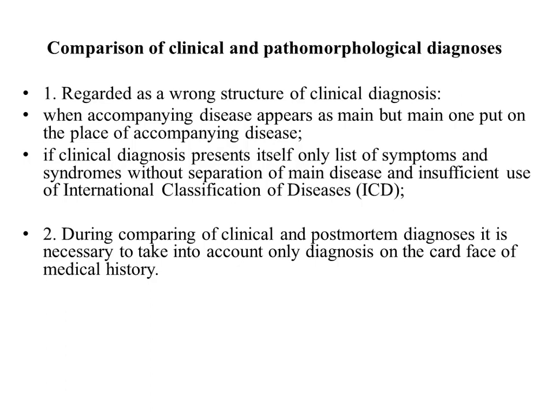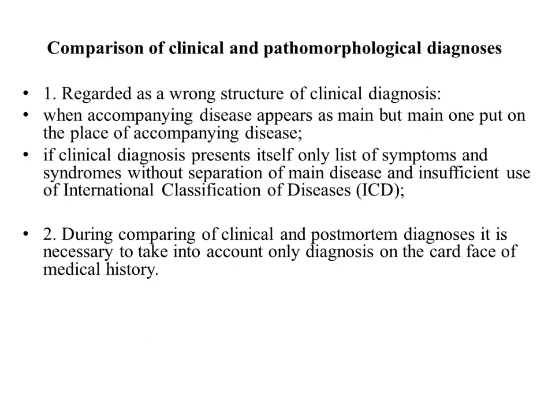First, a wrong structure of the clinical diagnosis is regarded when an accompanying disease appears as the main one, put in place of the main disease. Also, if the clinical diagnosis presents itself only as a list of symptoms and syndromes without separation of the main disease, and with insufficient use of the international classification of diseases.